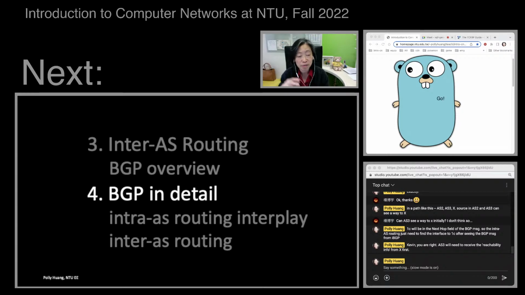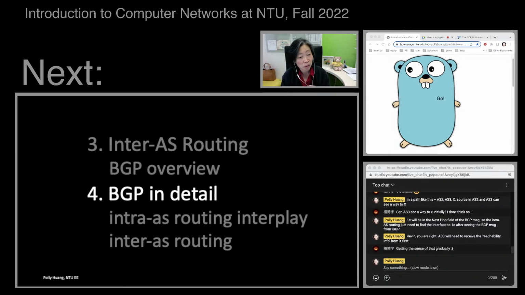And the interplay of BGP with the lower level routing is also somewhat strange. But you can probably imagine that ASs can be big and small. So for that shorter AS path, for example, AS3 X versus AS2 AS3 X, the difference in terms of router hops might not be all that big. Not to mention that there could be traffic ongoing.